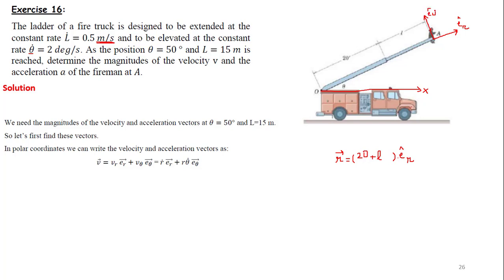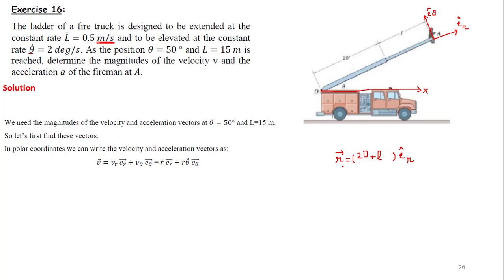So this is E theta. Please note that E theta gives you the direction of the rotation. So this is theta and this is E theta. So it's clear now where ER is on the figure and where E theta is on the figure. So R is equal to 20 plus L, times ER.